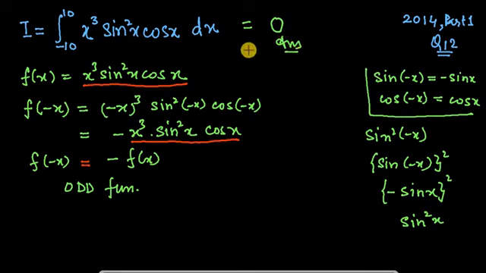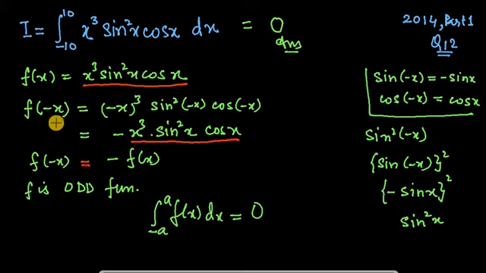So the answer is 0. What was the property? The property was minus a to a f(x) dx is equal to 0 if f is an odd function, and we have seen that here f is odd because f of minus x is equal to minus f(x).